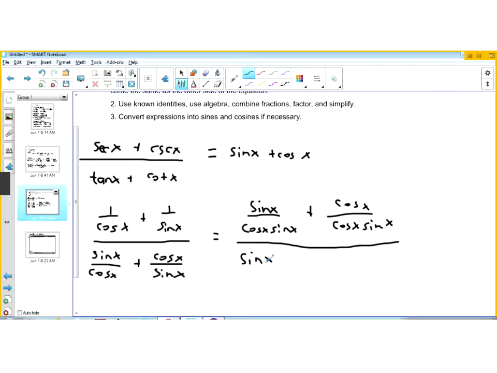So we'll have sine squared x over cosine x sine x plus cosine squared x over sine x cosine x.